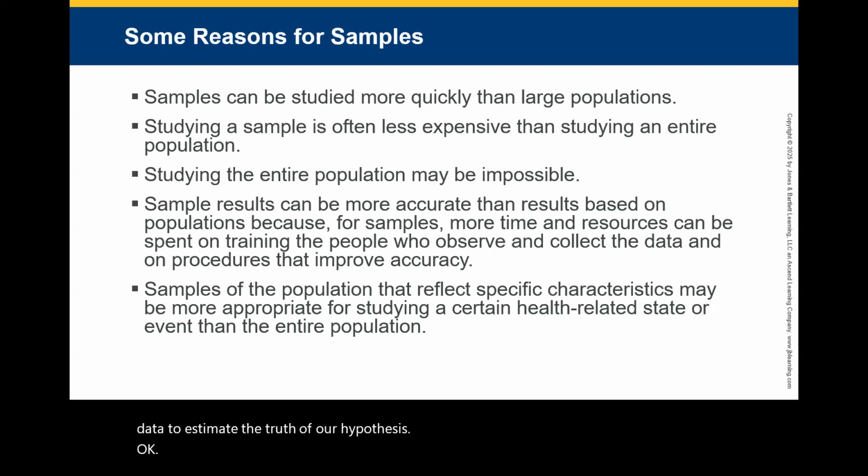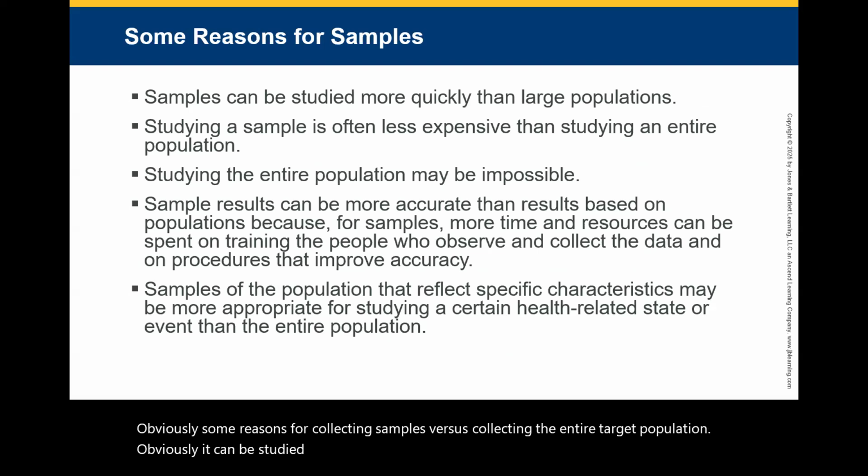Obviously, there are some reasons for collecting samples versus collecting the entire target population. Obviously, a sample can be studied more quickly. It's much less expensive than trying to study the entire large population, which may even be impossible to do.